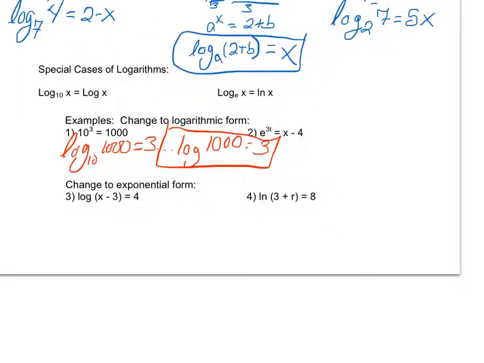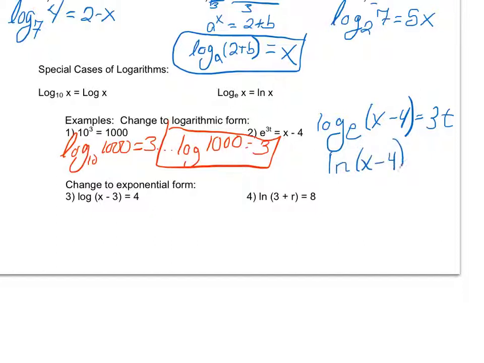And then doing the same thing on example 2, changing to logarithmic form, I would write log base e of whatever my exponential form is equal to my exponent. But again, I would expect that you would know that log base e's simplest form is written ln of x minus 4 equals 3t.